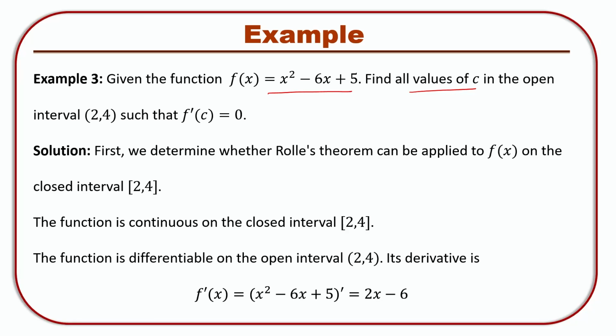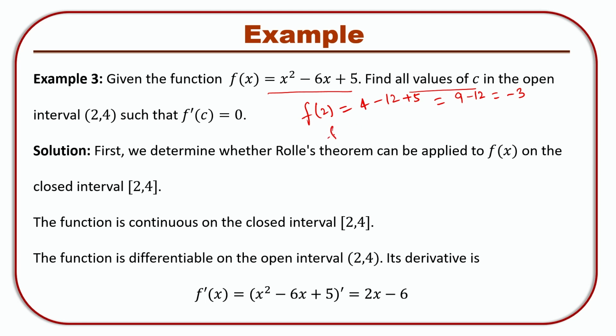So we are going to find f(2) and f(4) first, and then we will look for the equality. That means f(2) must be equal to f(4). If it happens, then we will find the point C in (2, 4) such that f'(C) is going to be 0. That will be our approach. So let me do this. For the endpoints, f(2) is equal to how much? 4 minus 12 plus 5, which is 9 minus 12, equal to -3, right?